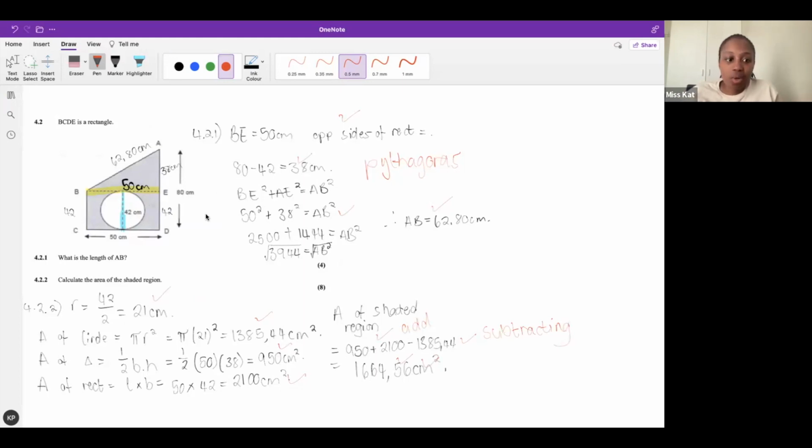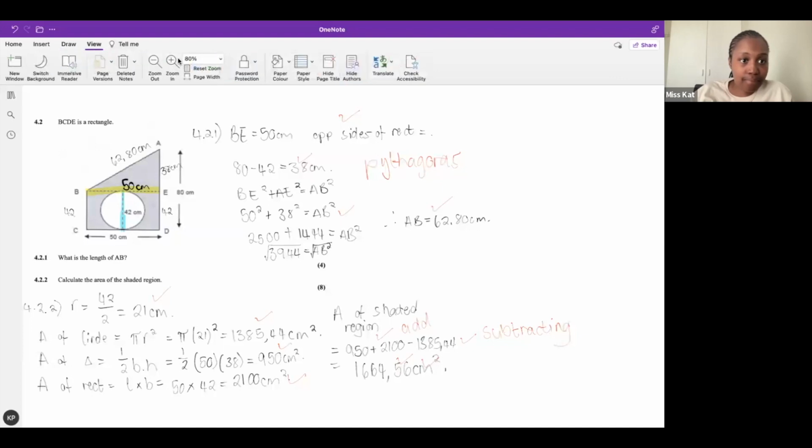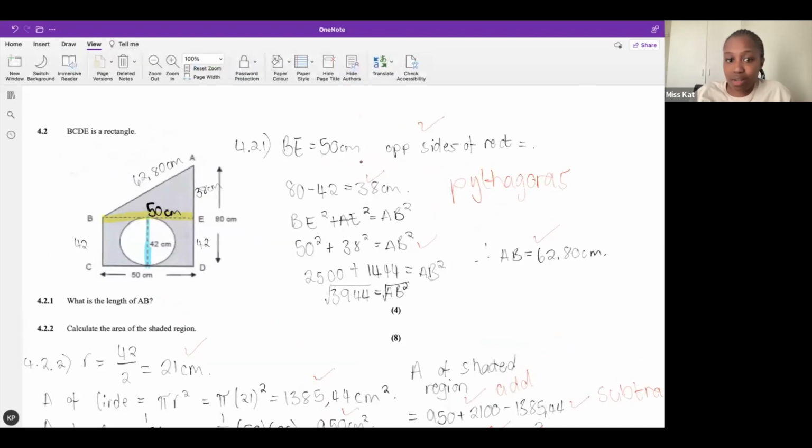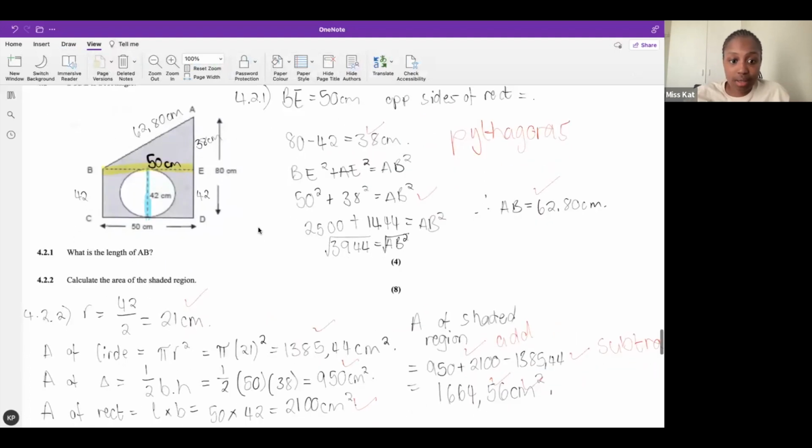Oh, but Sia, what shape is this one at the bottom? It's a rectangle. What do we know about the angles of a rectangle? All interior angles of a rectangle, they are the angles, not the sides. Do you remember, Sia?